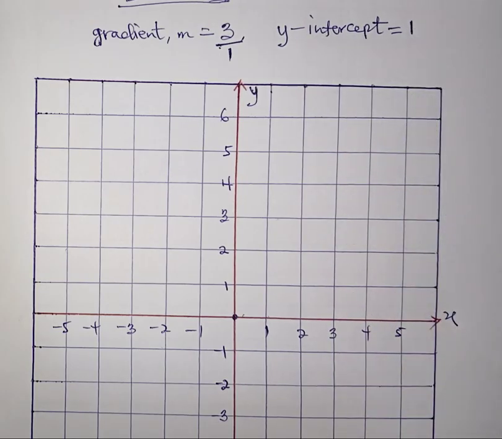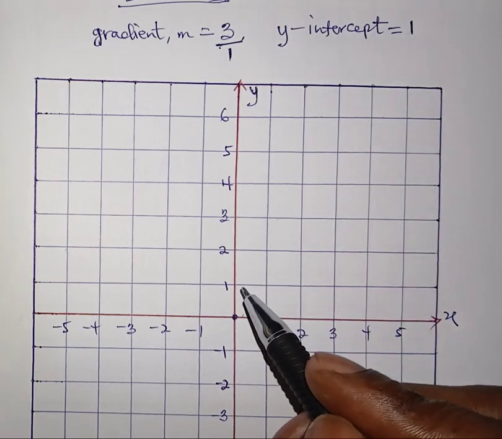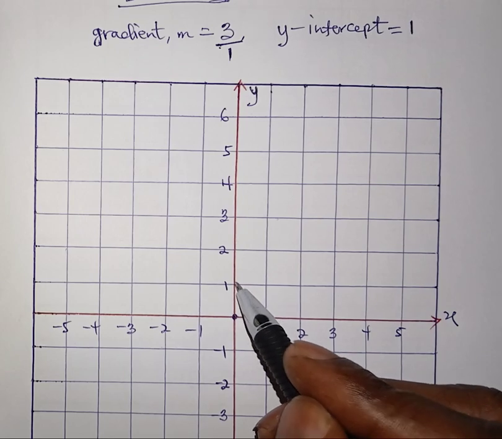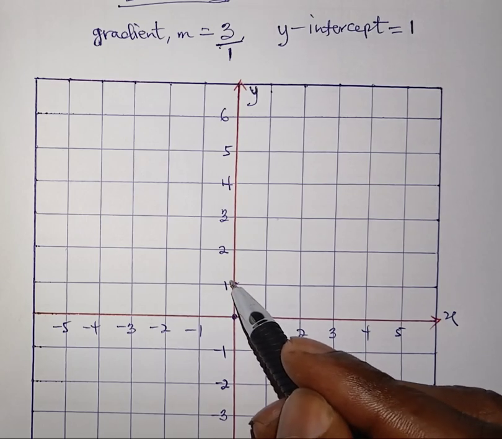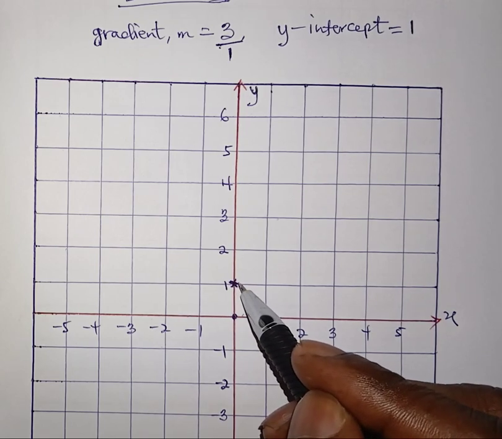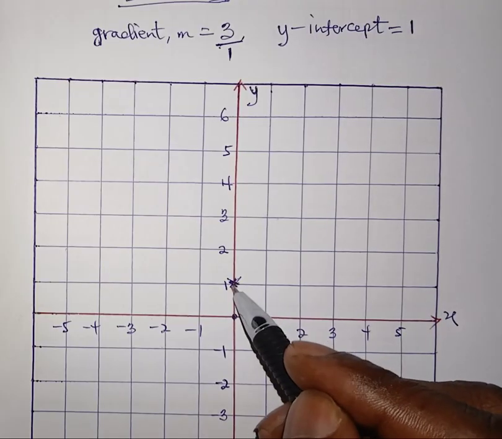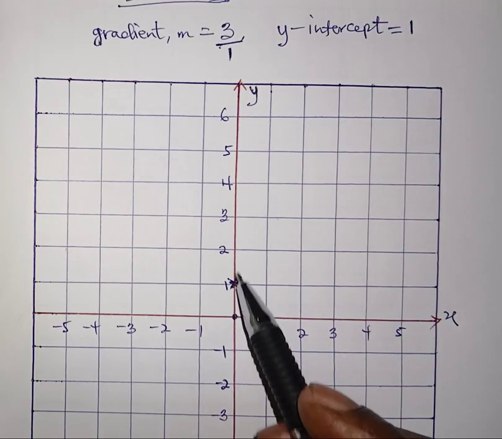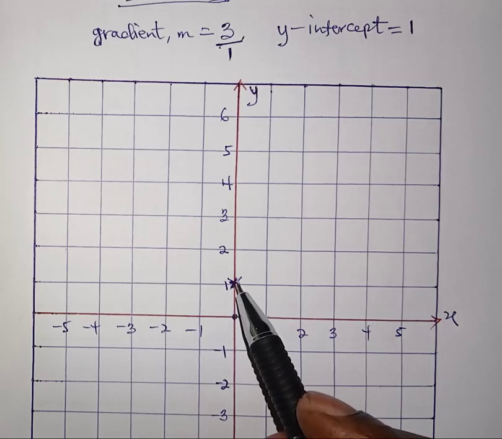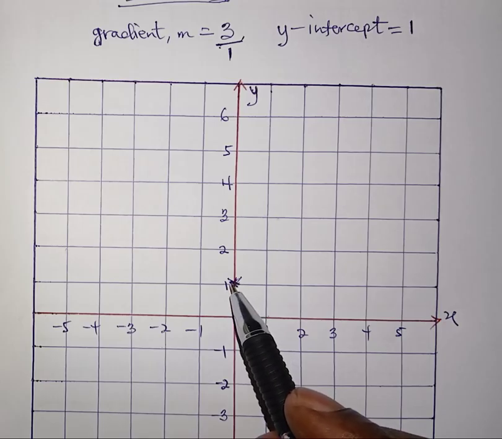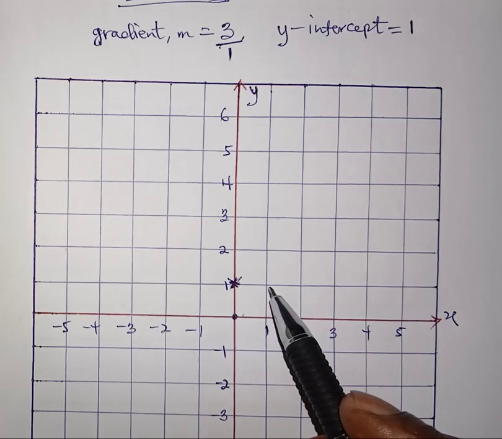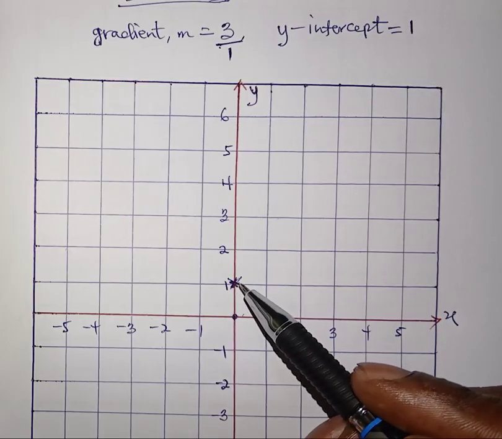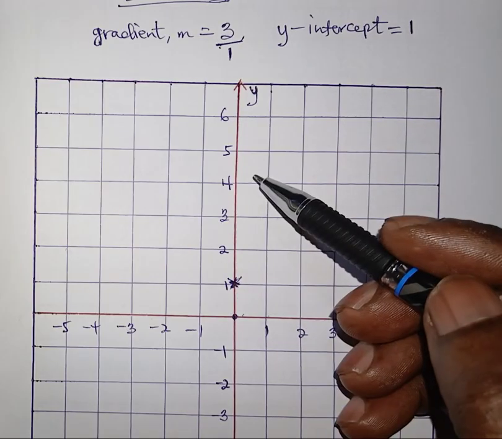So it means that I will have to locate where my y-intercept is. This is my y-intercept, which is 1. So you indicate it there. Meaning that at the point on the y-axis, if I move to my right 1 unit, then the graph has to rise up how many times?